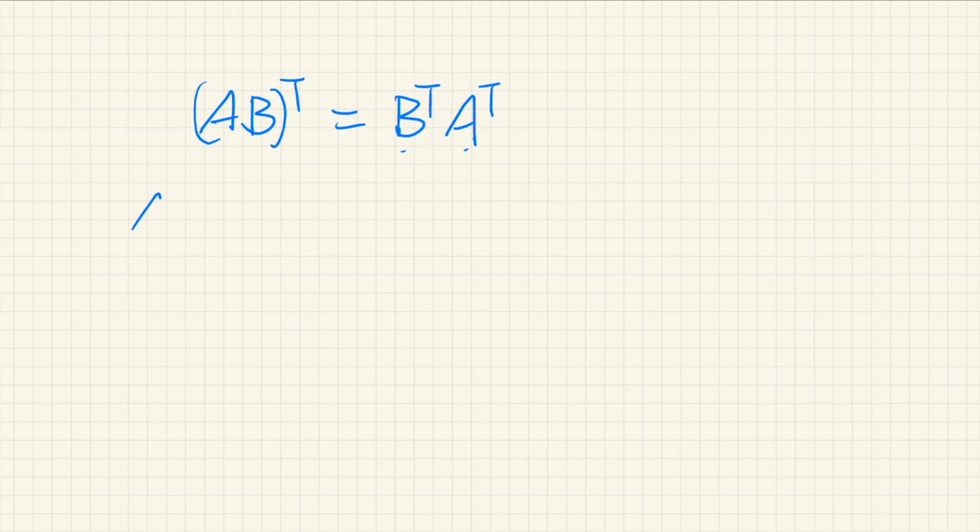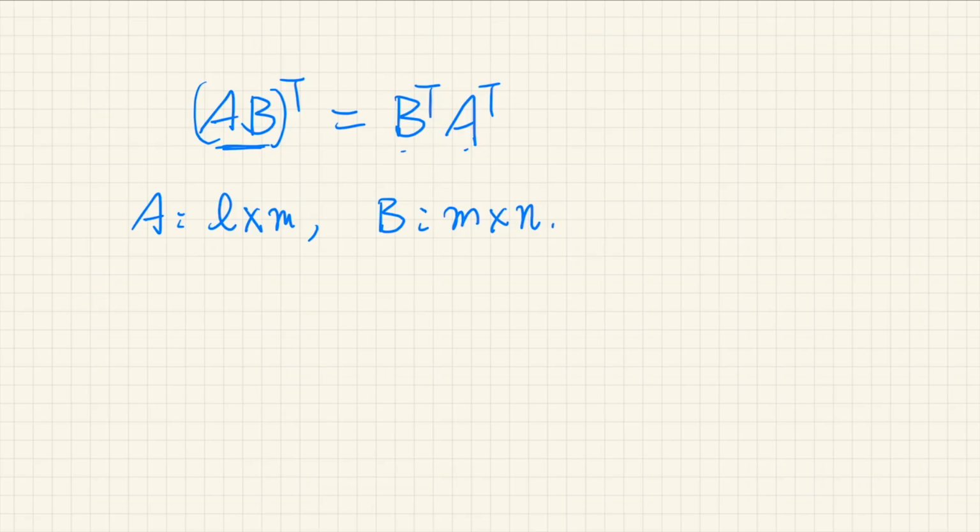Okay, next, let's show the transpose of a matrix product is equal to the product of matrix transposes, but the order is reversed. First, let's check the sizes. Let's say A is an L by M matrix and B is an M by N matrix, because we're assuming that this product makes sense.